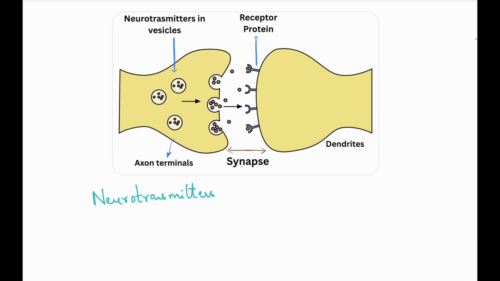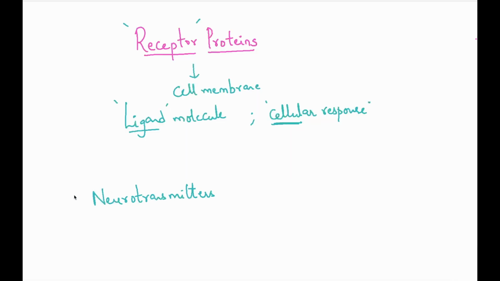A synapse is a microscopic gap between the nerve endings of the first neuron to the dendrites of the second neuron. So the neurotransmitters which are released into this synapse bind to receptor proteins on the adjacent neuron. And when they bind to receptors, they initiate a specific cellular response in the adjacent neuron. So this is one example of receptor proteins binding to a ligand. A ligand here is a neurotransmitter.